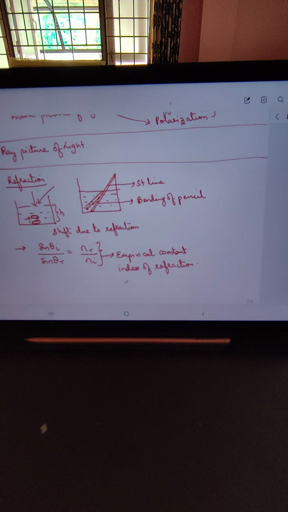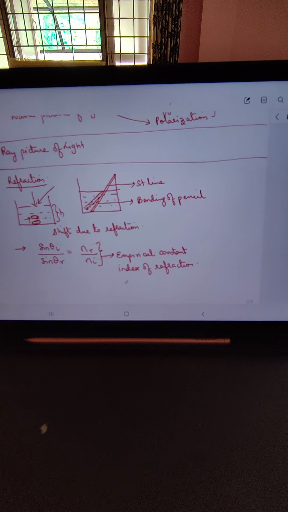So he saw that whenever light traveled from one particular medium to another particular medium, then the angle of incidence, angle of refraction, the ratio of the sine of angle of incidence and sine of angle of refraction was turning out to be a constant, right? So this was turning out to be nr by ni.